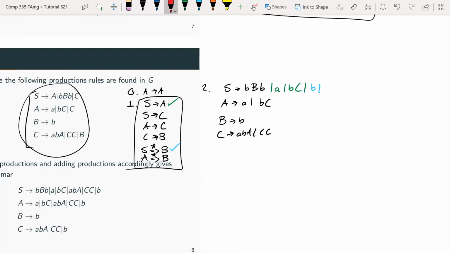And then I know that S also gives me C, so I'm going to add the production rules of C. So A, B, A, and CC. So this is for C, this is for B, and this is for A.